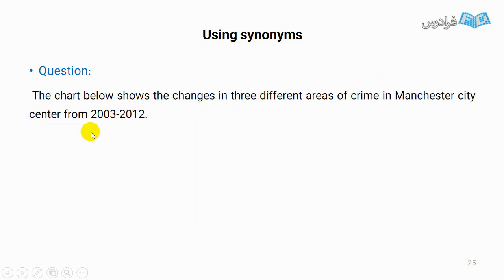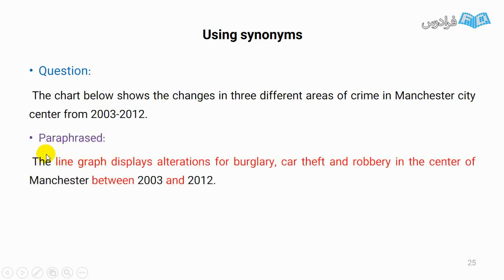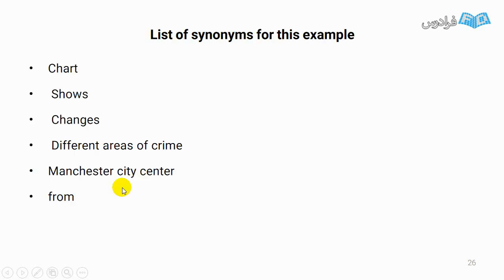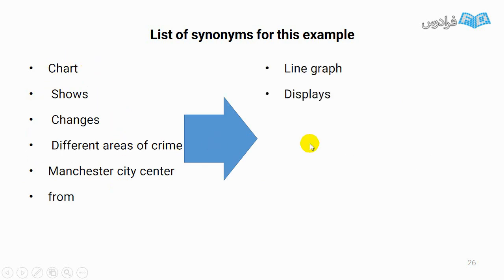Using synonyms. Look at this question. And this is a paraphrase sample. Look at these red words. All of them are replaced with their synonyms. I just list here all the words that I replaced with their synonyms.